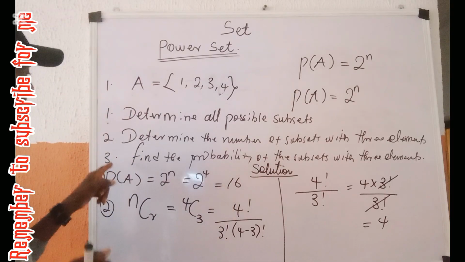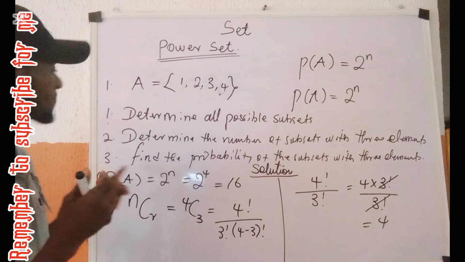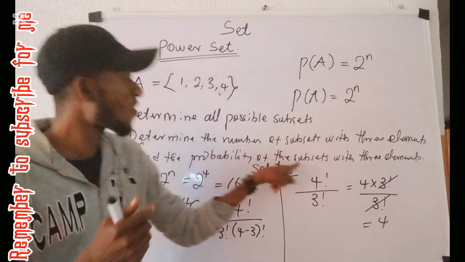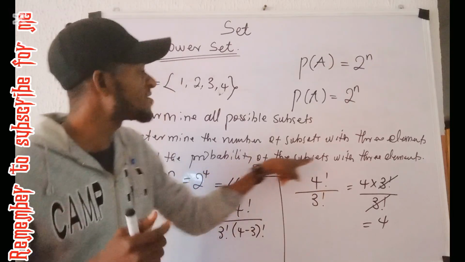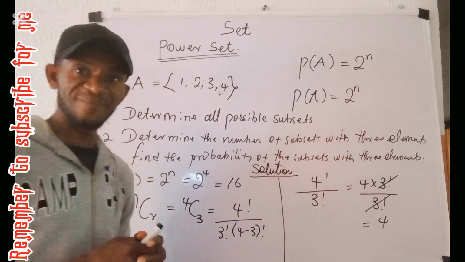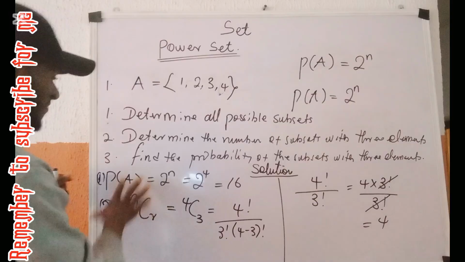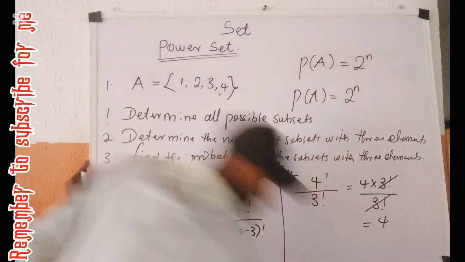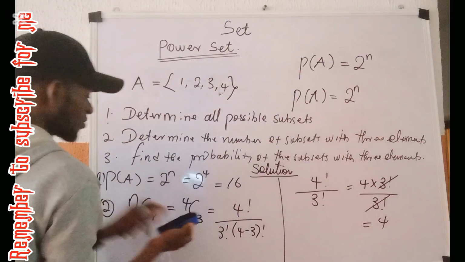And then the question went ahead and says that I should find the probability of the subset with 3 elements. What you are going to do is this.